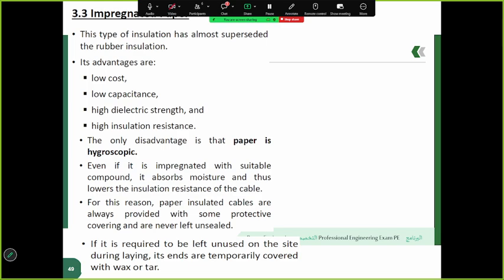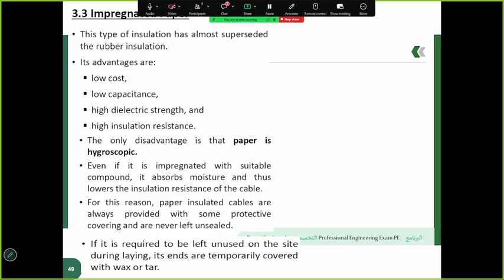So this slide explains the properties of impregnated paper as an insulating material, a type of insulation that has almost entirely superseded the rubber insulation due to its superior properties.